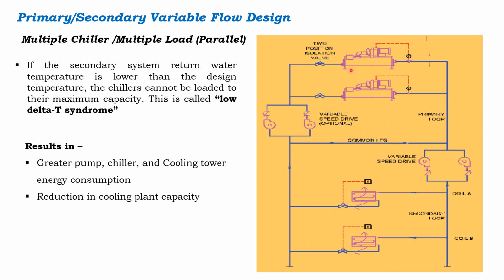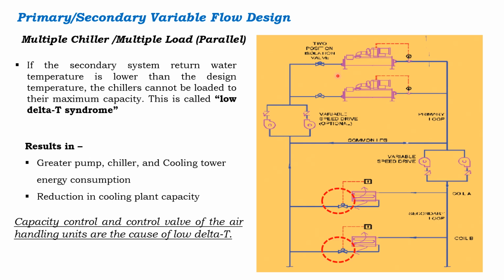It also reduces the cooling plant capacity because the chiller is not optimally performing and not delivering the cooling load which is really required. The load is more, but because of the unbalancing of the system, the temperature of the return water is much lower than the design conditions.